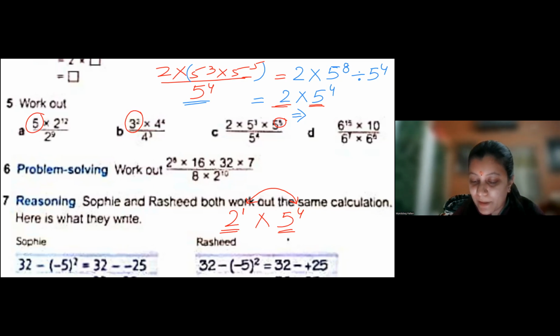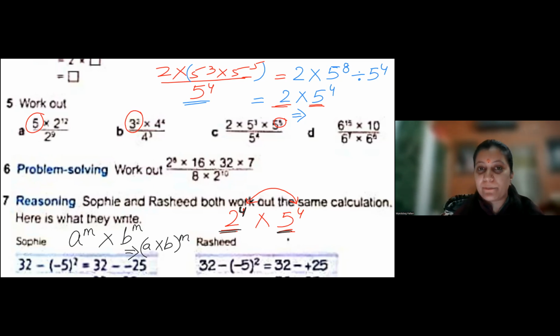If here it would have been 4, for example. Now, if bases are different but powers are same, then we can apply our law. But which law? That if we have a to the power m multiplied by b to the power m, then if powers are same but not the bases, we can multiply these numbers and write a combined power for both of them.